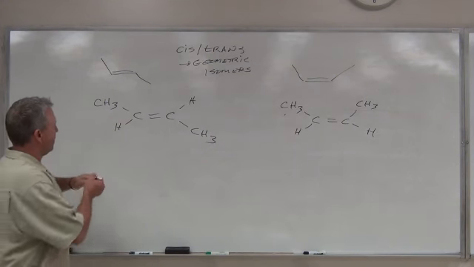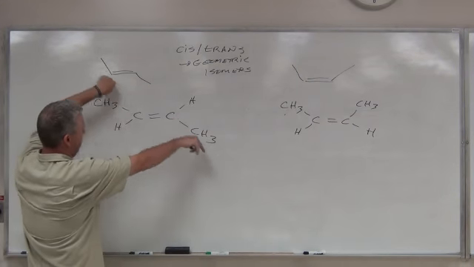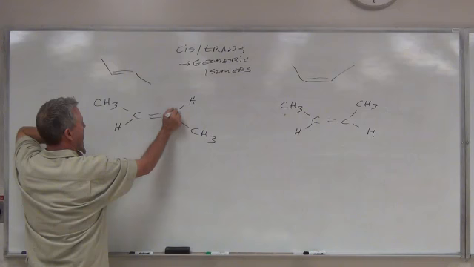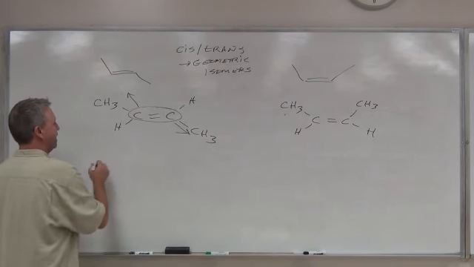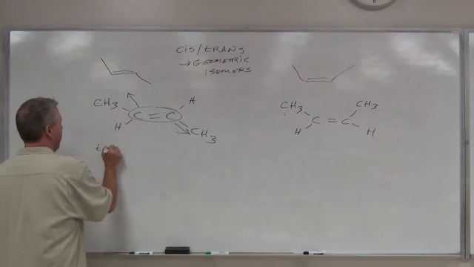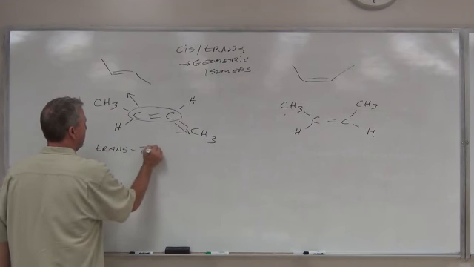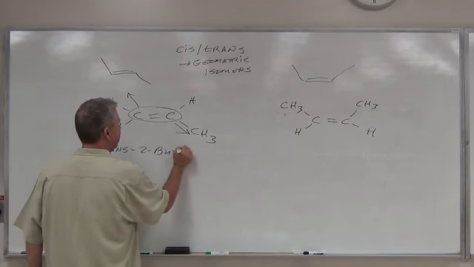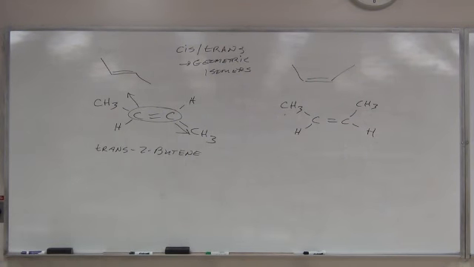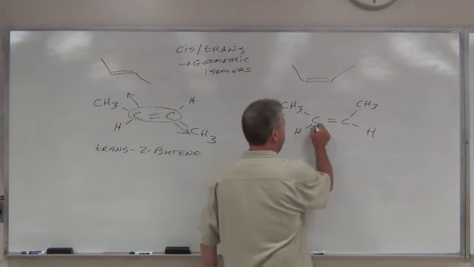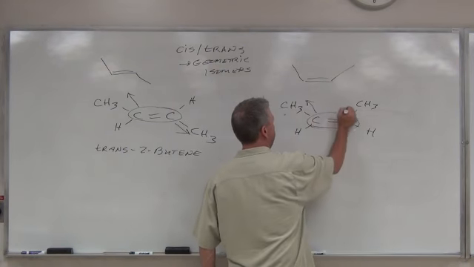1, 2, see the double bond? They're on opposite sides. Here's my double bond. My substitutions are here and here. That's opposite. This is trans 2-butene. Here's my double bond. Where are my substitutions?